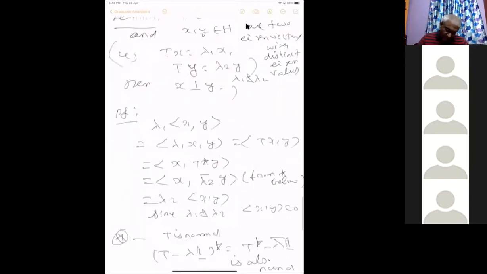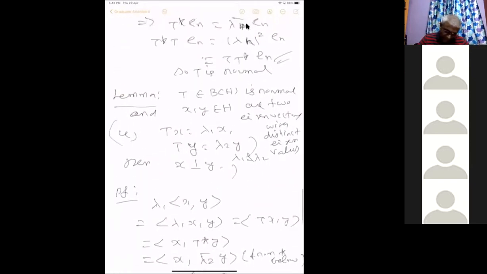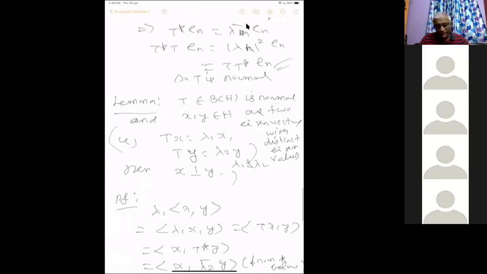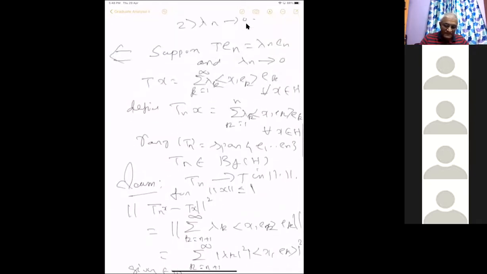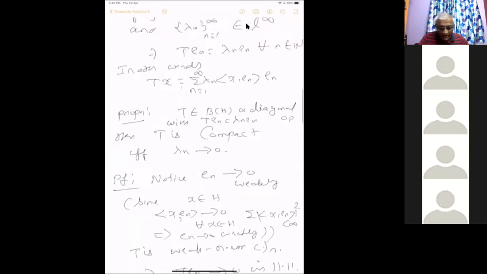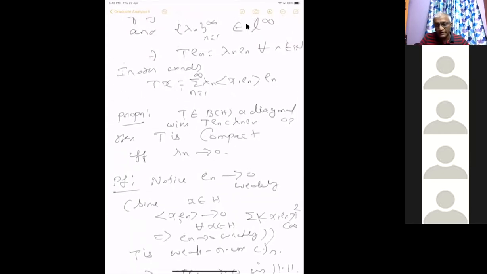So we have proved all these things. This will be used later. So what we want to prove is, we have proved the result that T is a diagonal operator, then T is compact if and only if lambda n goes to 0. So the theorem we want to prove is T is a normal compact operator.